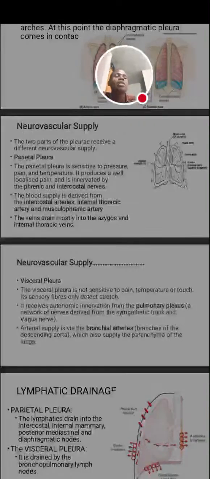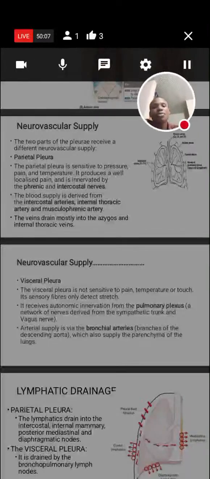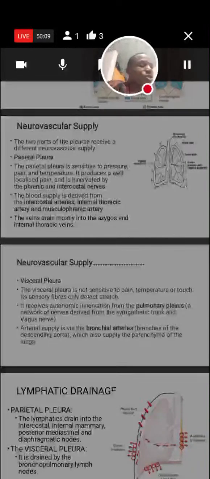Remember when we talk about the drainage of the thorax?